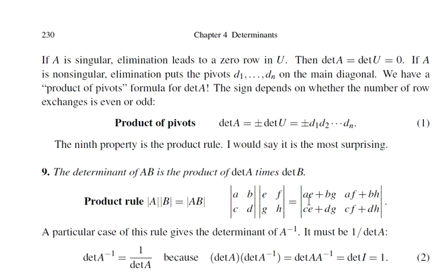Then AB is A into E plus B into G, as we know from multiplication, then AE plus BG, then AF plus BH, in that way.